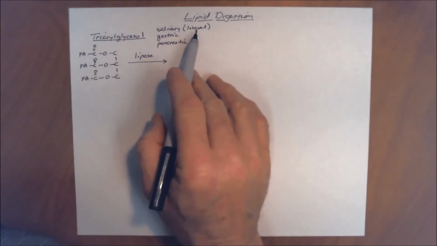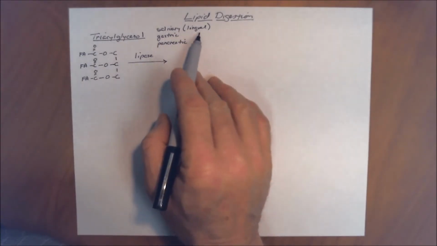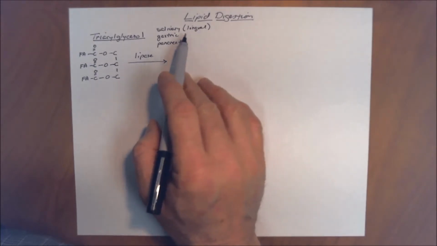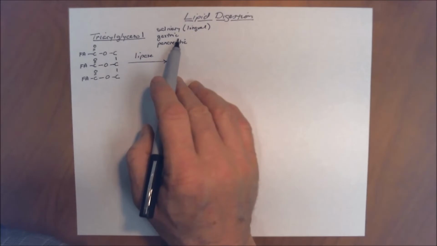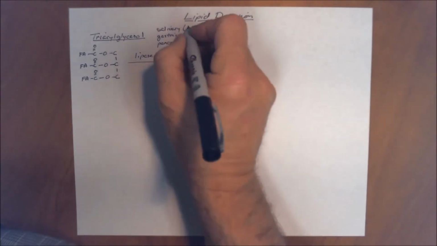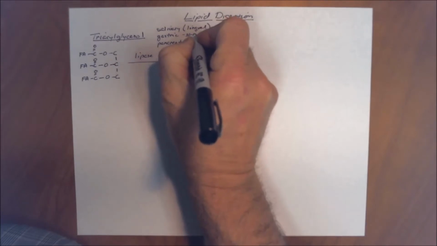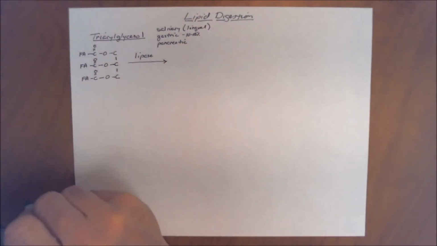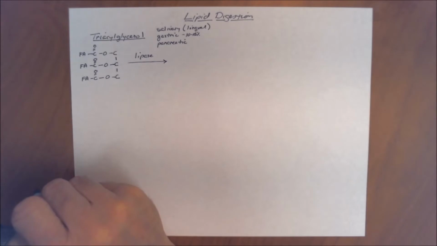The salivary or lingual lipase contributes very little to lipid digestion. In adults, gastric lipase contributes approximately 10% to our digestion of lipids in our diet.